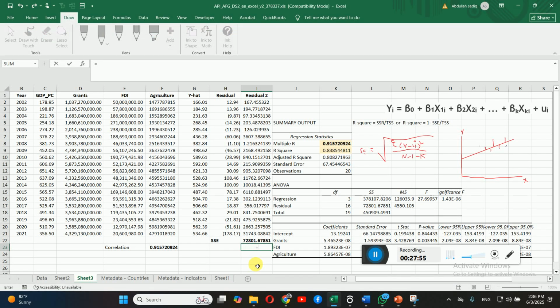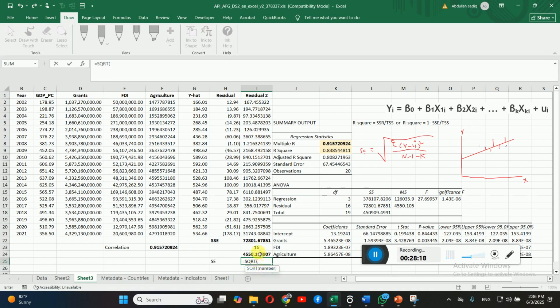Okay, n is simply 20, dear students, minus 1 minus k is 3, and the answer is 16. Now you should divide this value by n minus 1 minus k, and then you should take the square root of this value. So when you find out this standard error, just take the square root of this value, right?